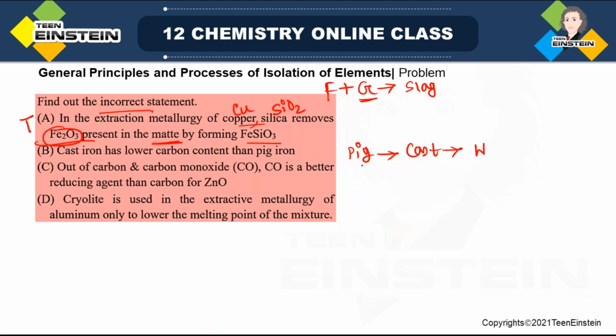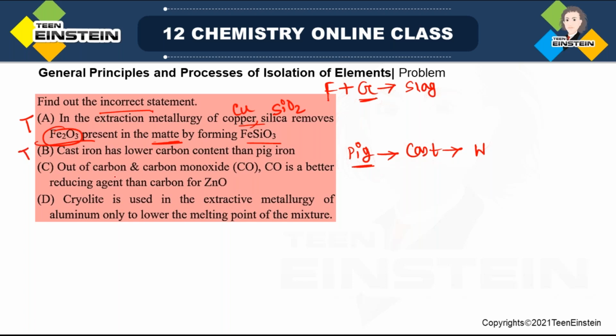Now pig iron contains most of the impurities, and carbon here is present as impurity. And gradually, as we move from pig to cast to wrought, carbon content becomes less and less. That means cast iron will have lower carbon content than pig iron. Basically in pig it is 4% carbon, in cast it is 3% carbon. So this statement is also correct.